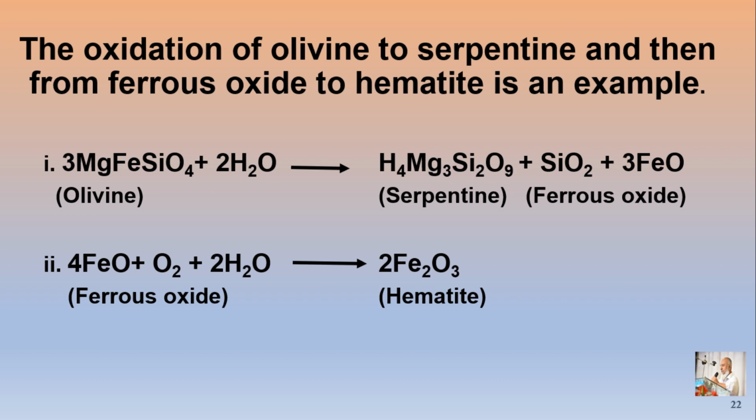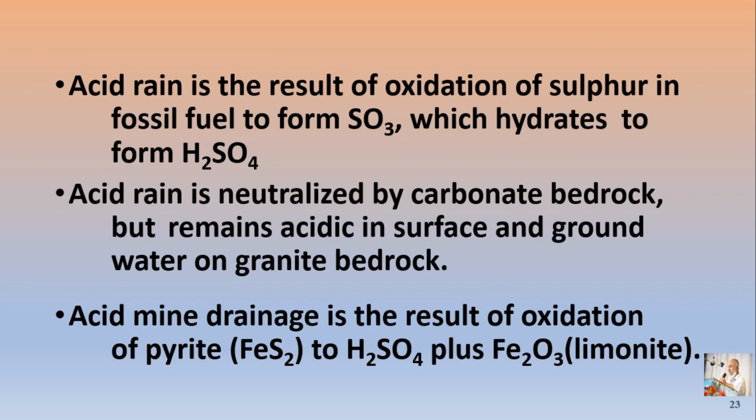It is a two-step phenomenon: olivine changes into serpentine and ferrous oxide, which then changes into hematite. Acid rain is the result of sulfur in fossil fuels forming SO2, SO3, which ultimately combines with water making sulfurous acid and ultimately sulfuric acid.